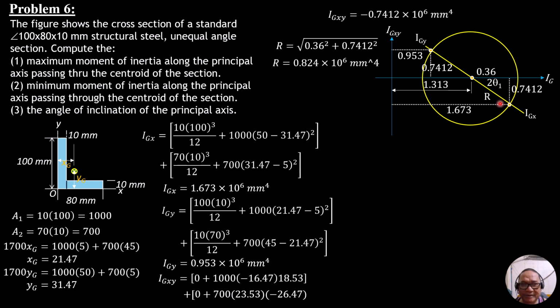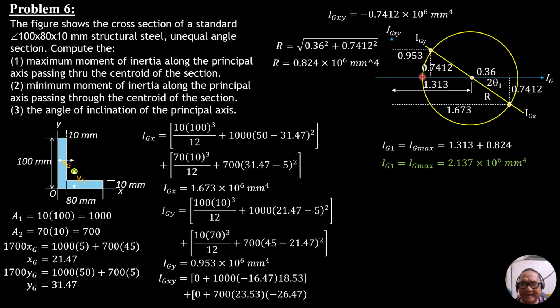So having found the radius, we can now compute the maximum centroidal moment of inertia, which is 1.313 plus the radius. It is here. So Ig1, which is Ig max, is 1.313 plus 0.824. So it is equal to 2.137 times 10 to the 6 mm to the fourth.